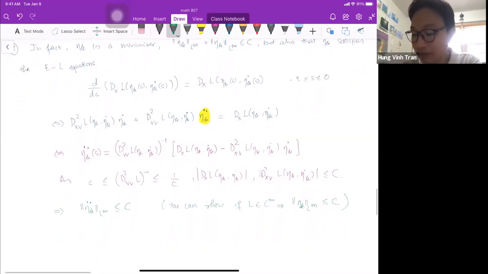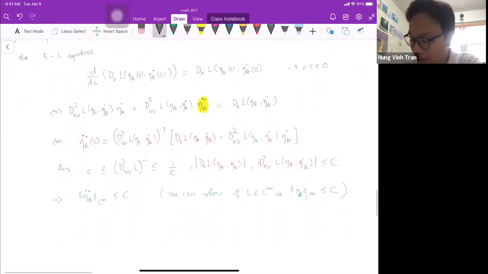So clearly, from here you can actually use Arzelà-Ascoli, to see that not just eta k converging to gamma, but eta k converges to gamma in C1 norm, right?